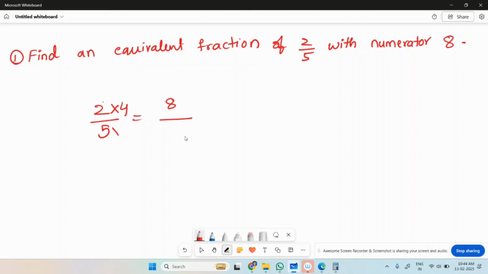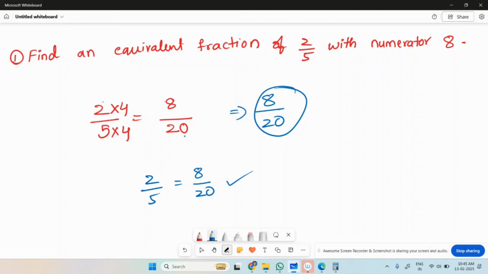So, let's multiply both numerator and denominator by 4, because 2 times 4 equals 8. So, the relation between 2 and 8 is multiplying by 4. The same relation we apply to the denominator. 2 times 4 equals 8. 5 times 4 equals 20. So, the required fraction is 8 upon 20.